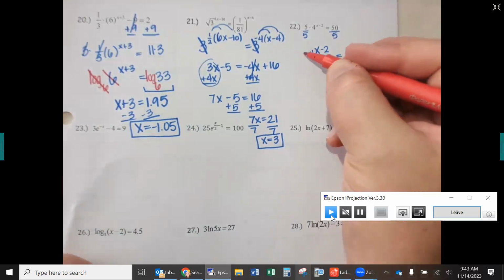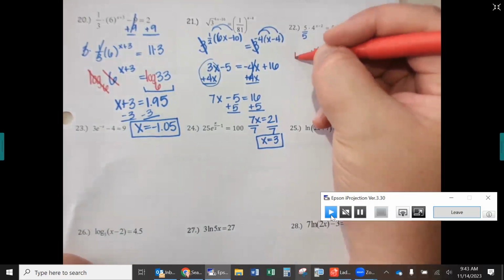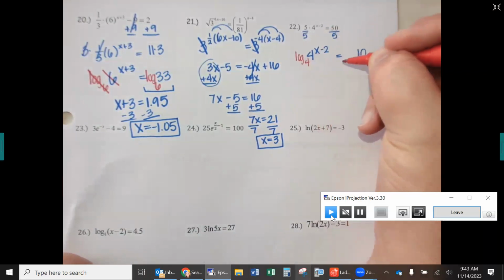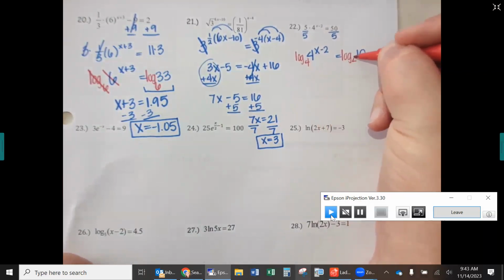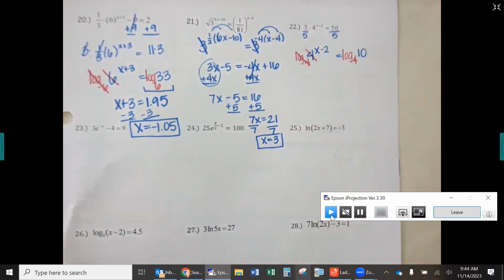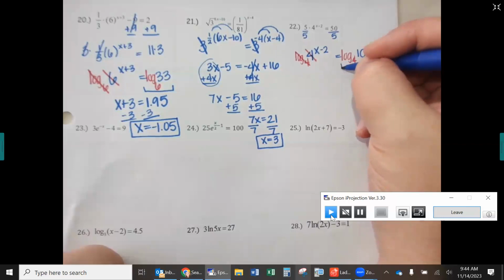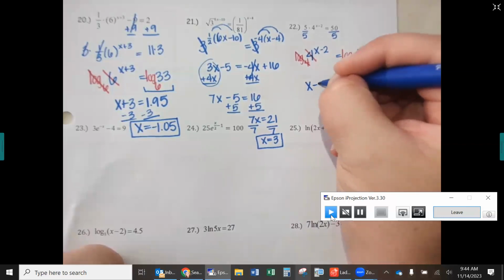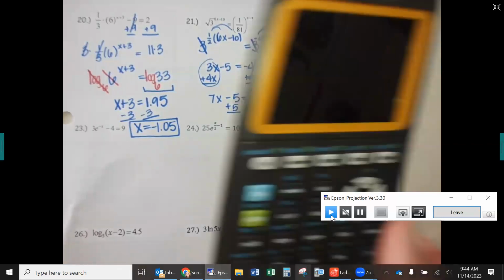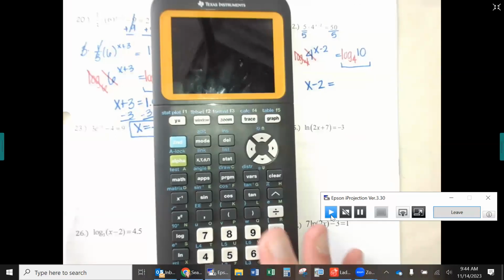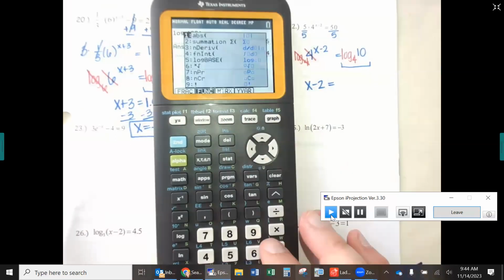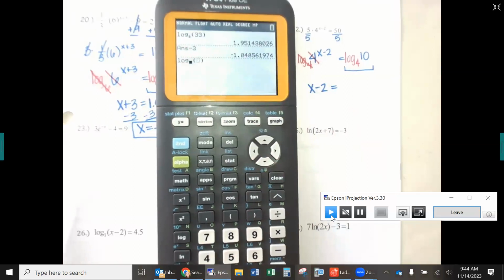How do we get rid of a big 4? Log what? Little 4. And that's where you're gonna use that button that I showed you. Okay, so your x minus 2 comes down, and then you're gonna figure out what this is in the calculator. So remember the steps for that are alpha window and then option 5.